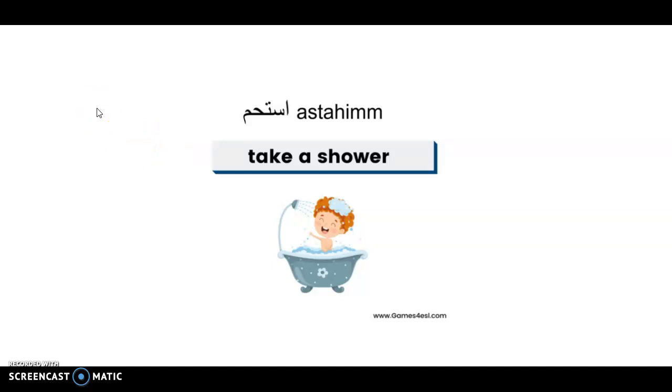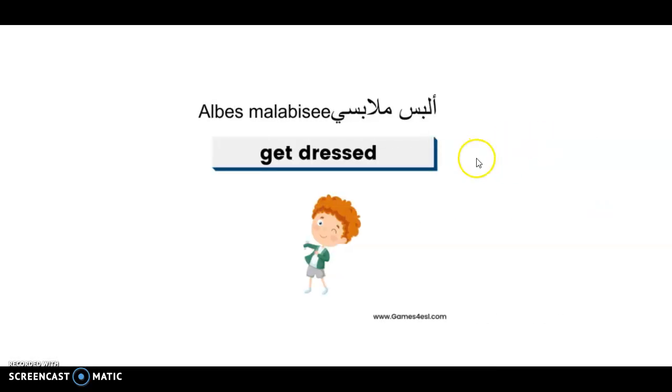So far we have one, which is في الحمام, in the bathroom. That's about to change after this one. So we have here, I dress up, I get dressed. ألبس ملابسي في غرفة النوم.